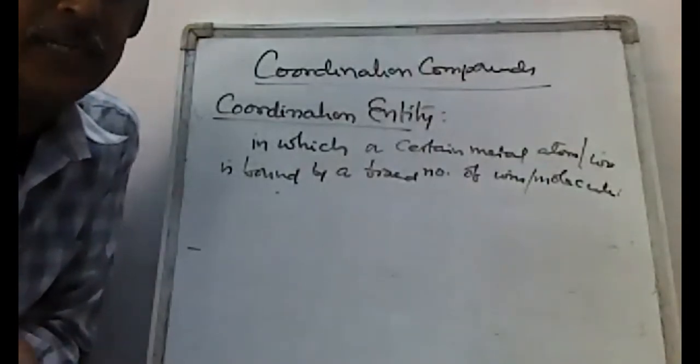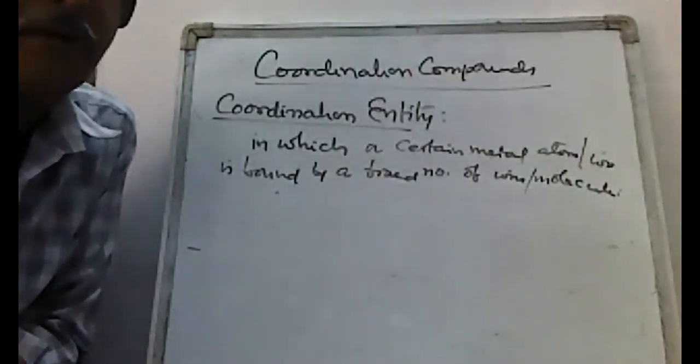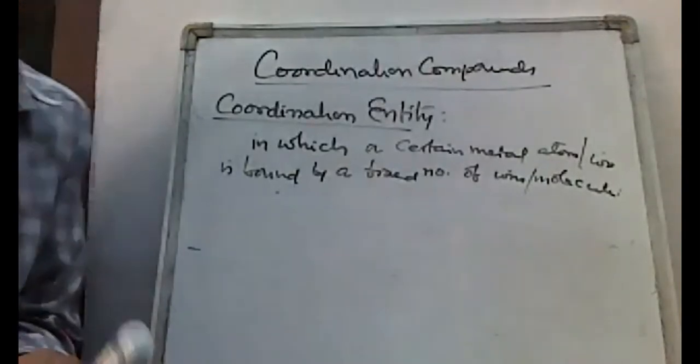What is a coordination entity? A coordination entity is one in which a certain metal atom or ion is bound by a fixed number of ions or molecules.